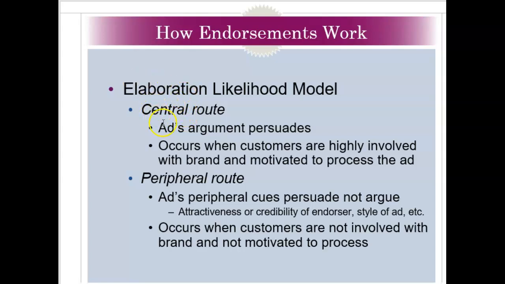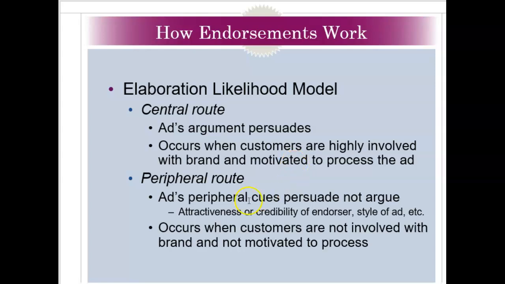We think of it as the elaboration likelihood model. That's just a term that says the ad's arguments, the central route, persuade and occur when customers are highly involved with the brand and motivated to process the ad. In other words, products and brands that we're familiar with would most likely benefit from this.